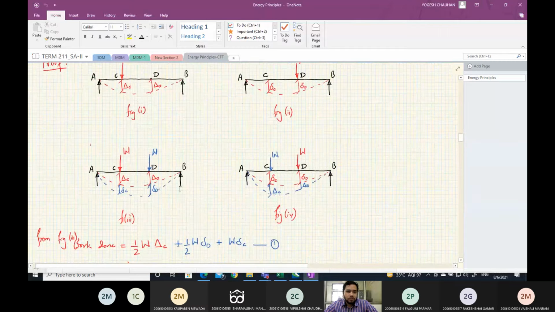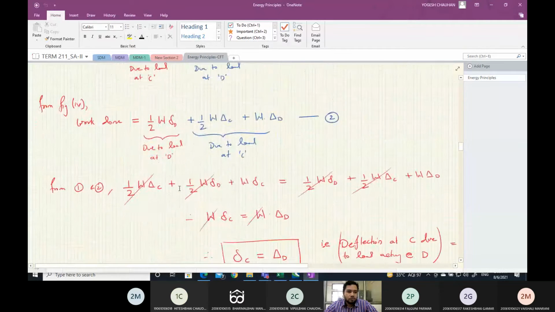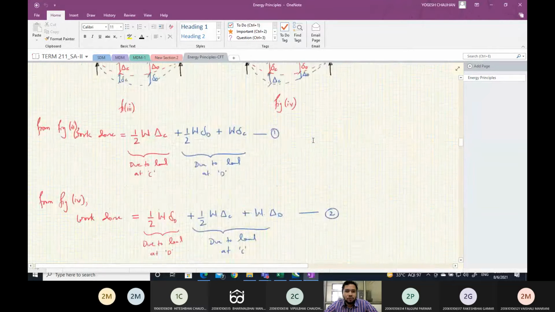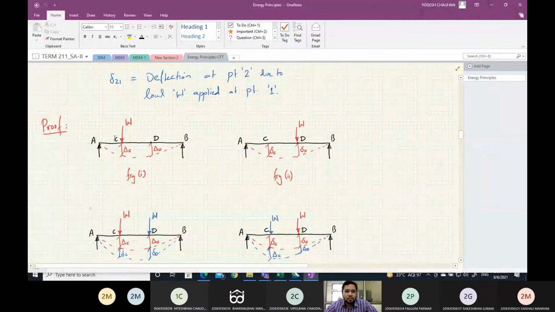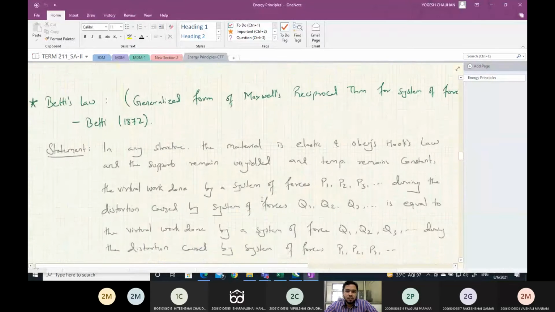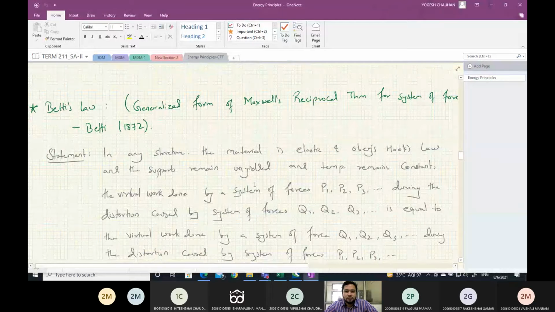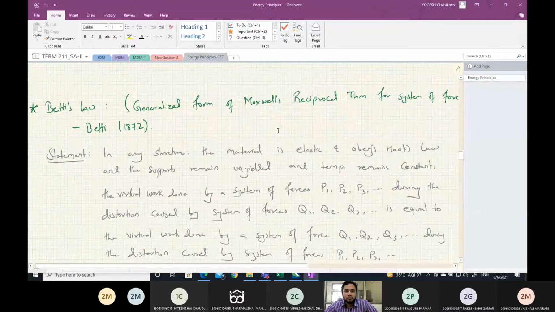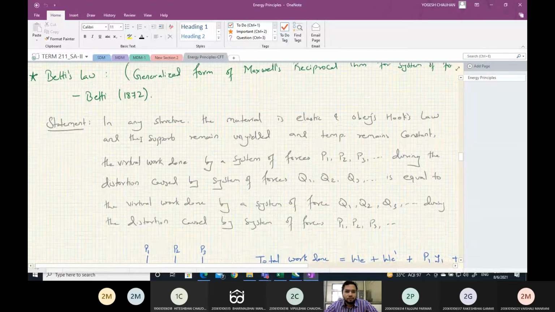Then we saw its proof. Then we saw Betti's law, which is the generalized form of Maxwell's reciprocal theorem for a system of forces. In Maxwell's reciprocal theorem, we considered only one force acting at a time, but on a structure there may be a system of forces. So Betti gave a generalized form of Maxwell's reciprocal theorem in 1872.